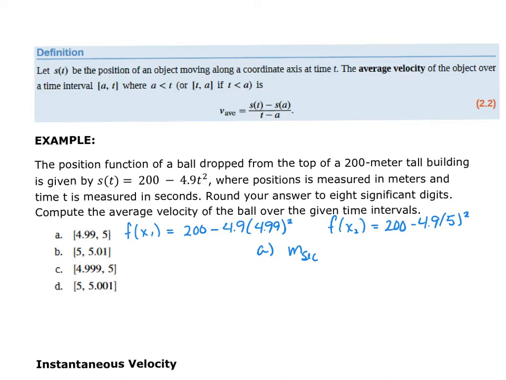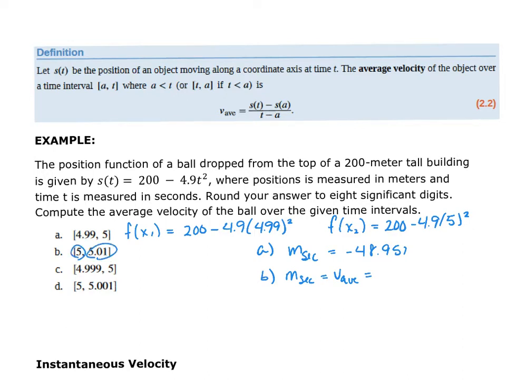And when you do the calculations, you end up with negative 48.951. And then you do B as well. So we're going to do the slope of the secant, or the average velocity. Now I'm going to use 5 and 5.01.